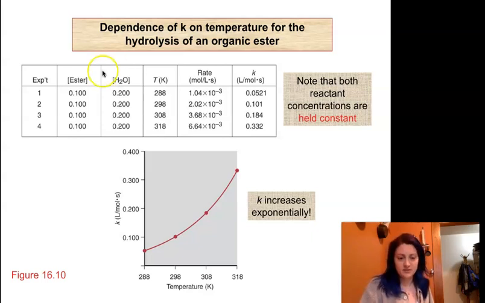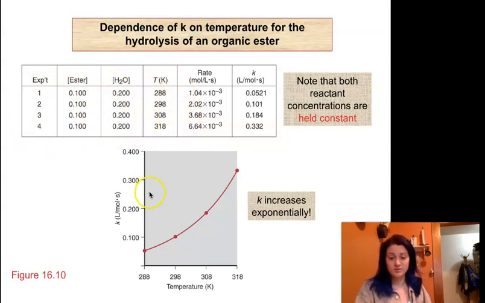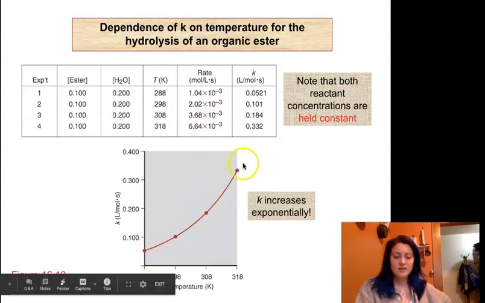The reaction itself doesn't matter a whole lot, but if you look at these reaction conditions, you've got the ester and water, the reactants, which are being held constant. As you can see, they don't change through any of the experiment trials. The temperature is what's changing. The temperature goes up 10 degrees each trial, and the rate changes. The K also changes. So what they've plotted here is temperature versus K.